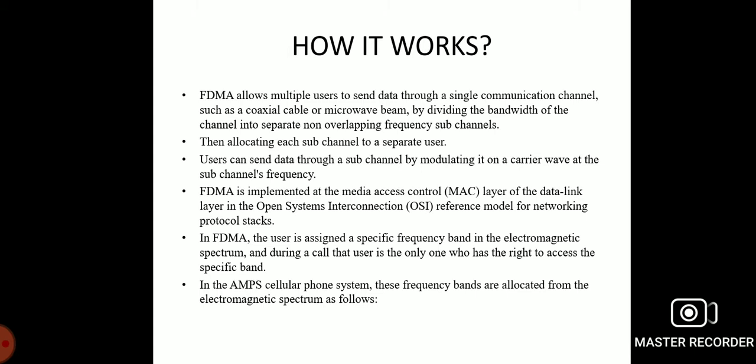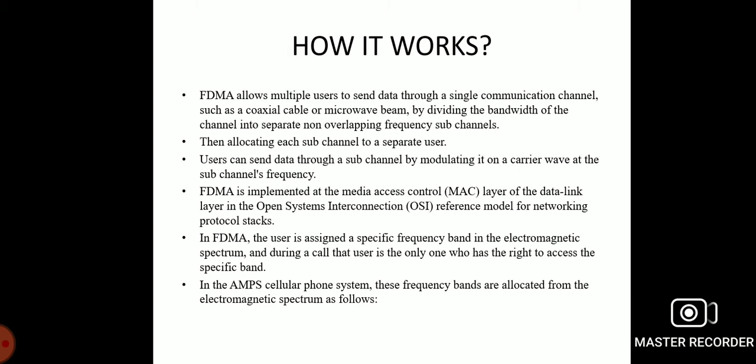The user can send data through a subchannel by modulating it on a carrier wave at the subchannel frequency. It is also implemented at the multiple access control layer of the data link layer in the open system interconnection reference model for networking protocol stacks.